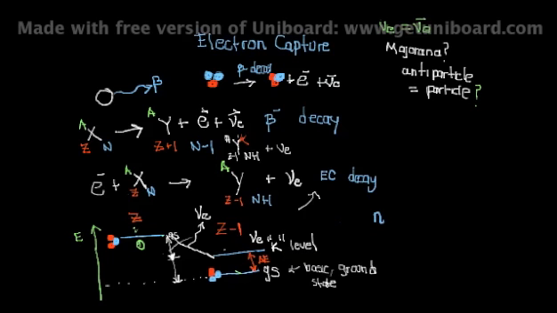Inside a nucleus, the nucleus will change one proton to a neutron plus one neutrino.